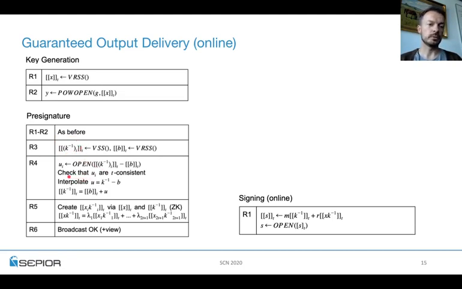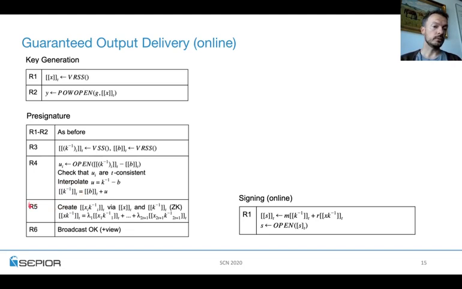So if this check goes through, we have a good sharing. We have good shares here, and then we can interpolate U from these U_i shares and then use the value, which now equals K inverse minus B, to adjust the B sharing to get a verifiable secret sharing of K inverse. This was part of what we wanted.